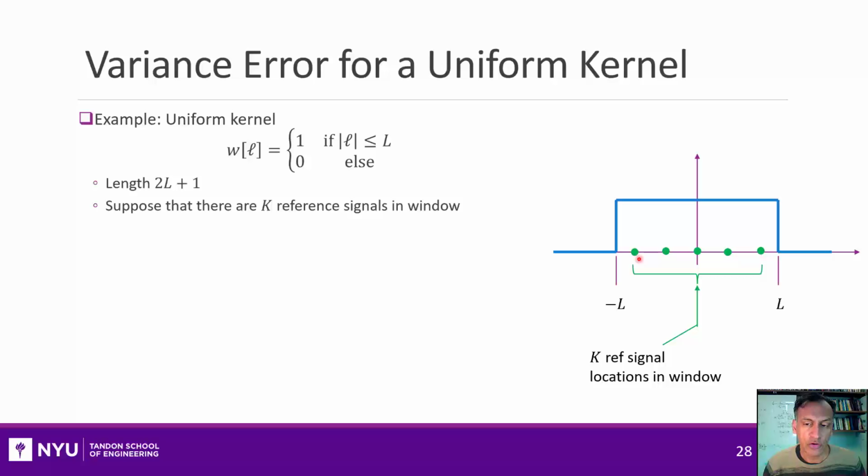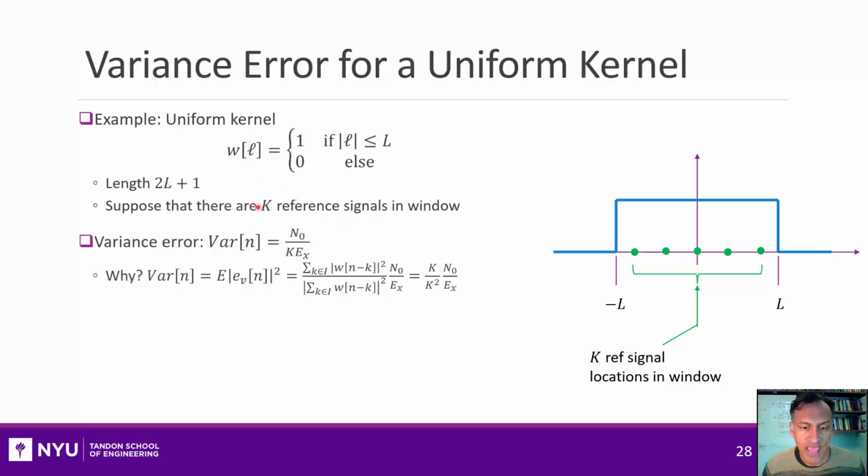So basically the kernel regression in this case is just averaging over all the samples that are in this window. Now, suppose there are k of these reference symbols that happen to land up in this window here. In that case, we can easily work out the variance, and it's just as follows.